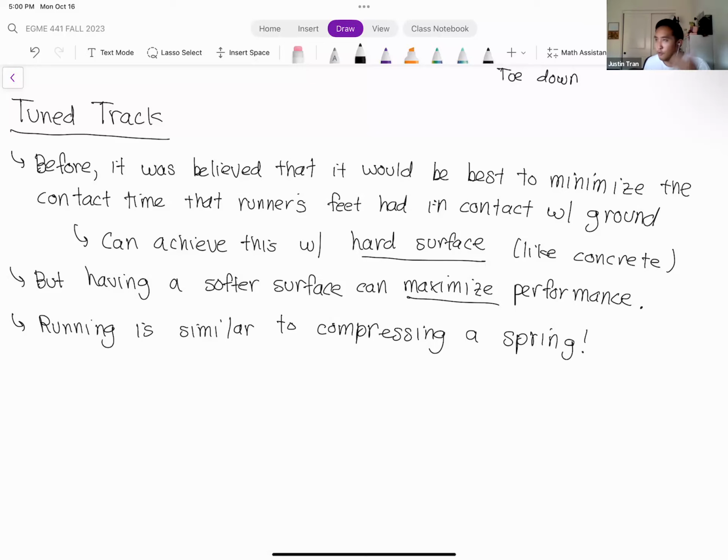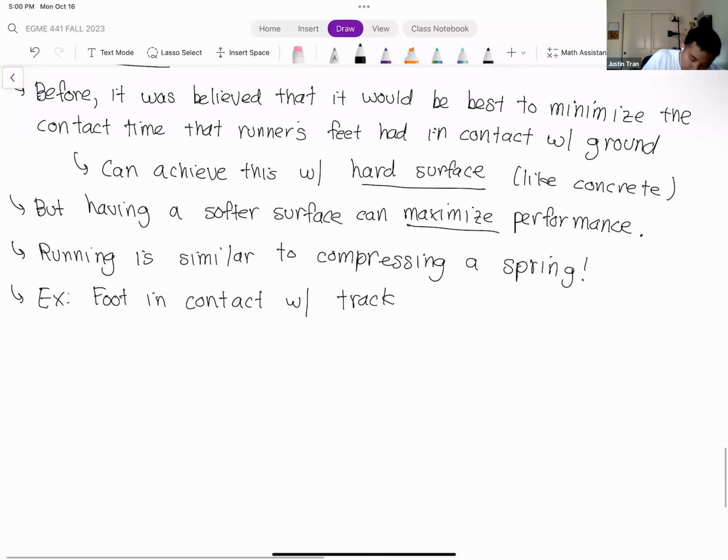Let's draw a diagram of a foot being in contact with the track, but we're going to replace the foot with a mass spring system. Okay. And so if we were to draw this diagram, it would look maybe something like this.